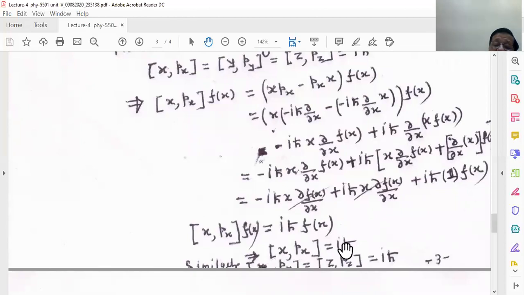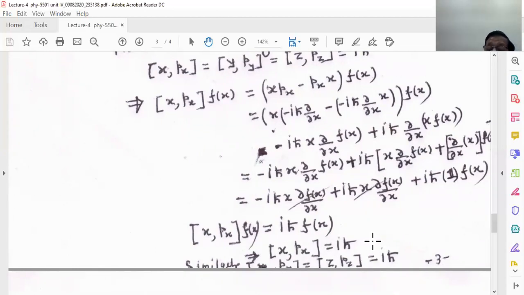This is a very important result in quantum mechanics. We will use this result frequently for many numerical problems and several theory topics where we want to understand the uncertainty relations in quantum mechanics. This relation will be very, very useful. Similarly, you can write the commutator of y, py equal to iħ, and z, pz equal to iħ.